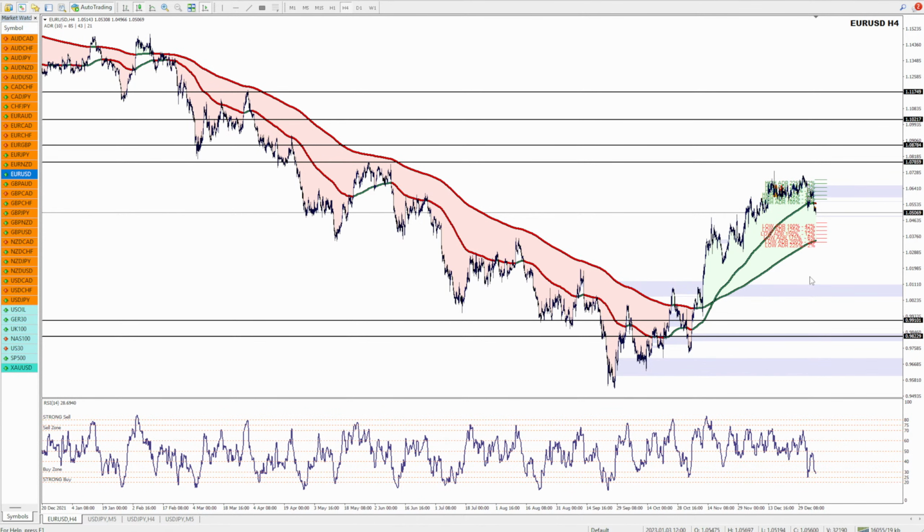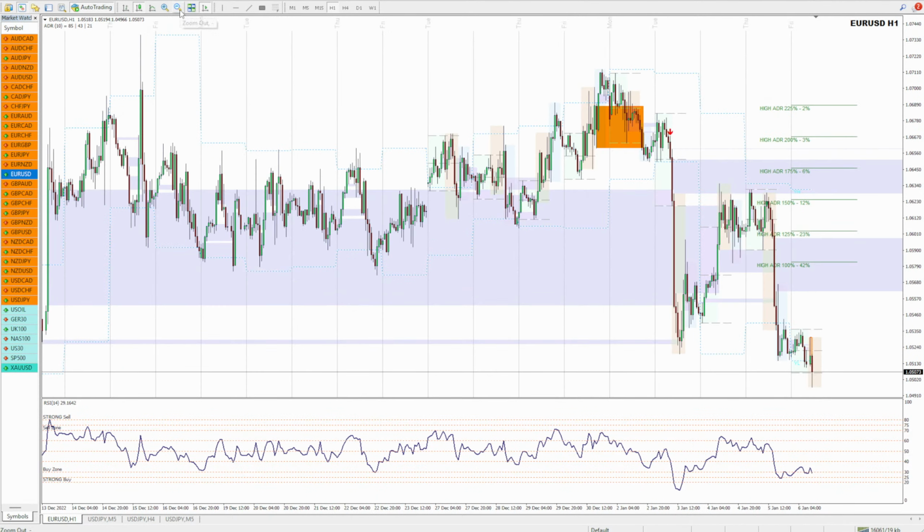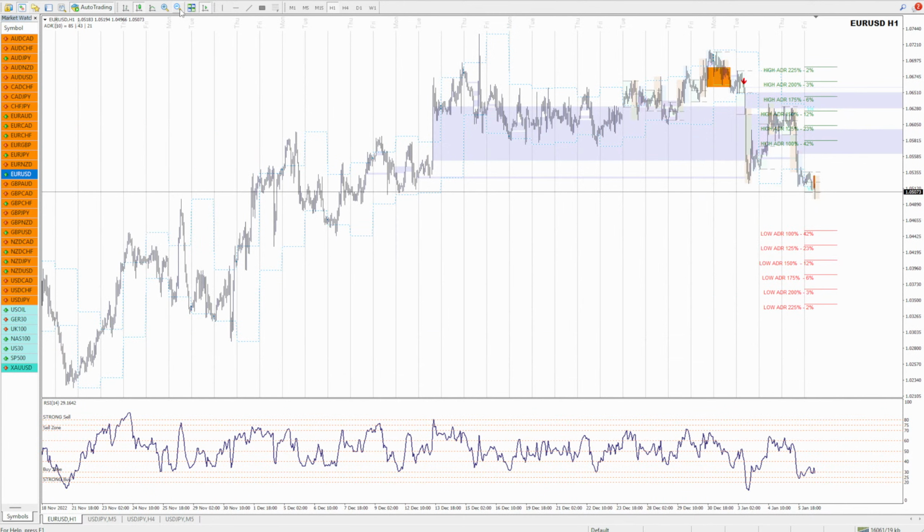So very hard to pick a direction because it's the biggest traded pair out there. It's the most highly liquid instrument you have. So you can pretty much get in on any extension you like, and you'll usually be guaranteed a pullback because there's so much volume going through it.